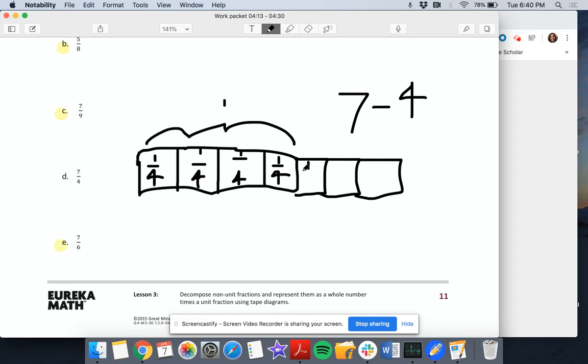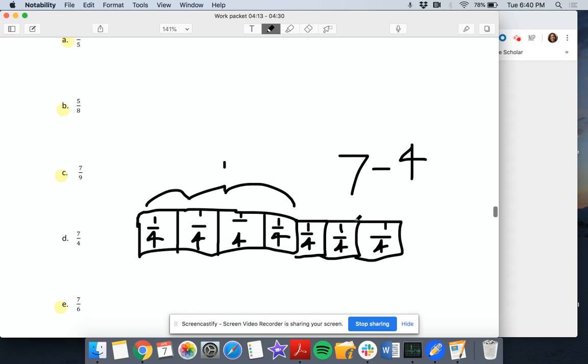So I'm going to go ahead, write these unit fractions in. 1/4, 1/4, 1/4. And how many do I need to shade in? 7. 1, 2, 3, 4, 5, 6, 7.